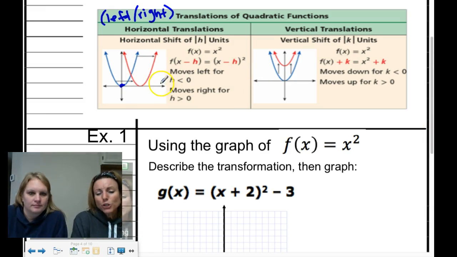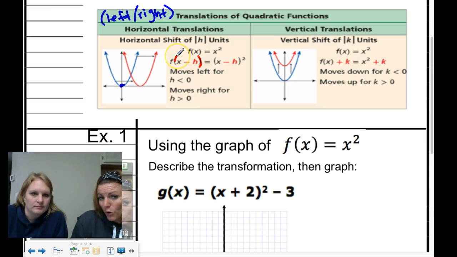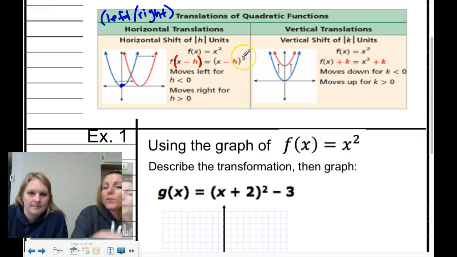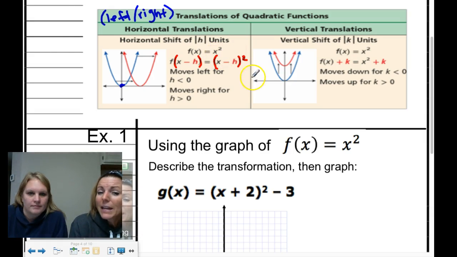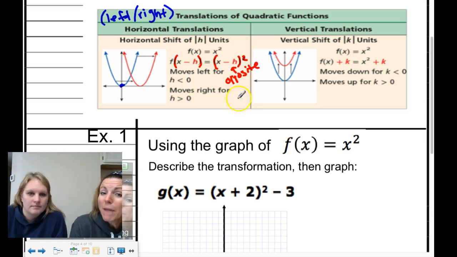What we're going to teach you today is anytime you have a function where part of the function is in parentheses and then the squared, you see the squared right there? You have parentheses and a squared. That is the h value. I know it says x minus h, but think of h as the opposite of what you think. If you see a minus h, it's truly going to be positive, to the right.